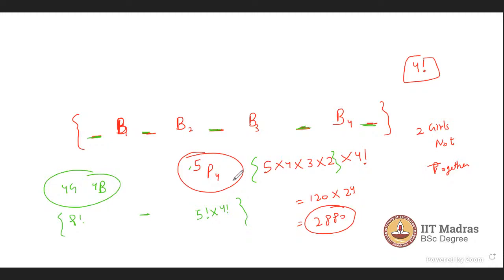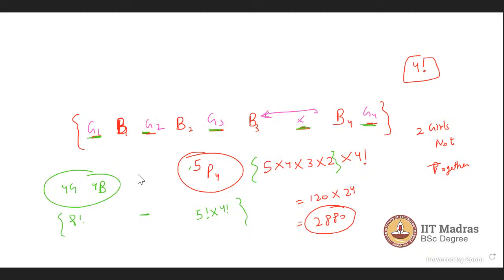Two boys between 2 girls and then the rest 2, is that also considered here? Suppose I place one girl here, then G3, and there will be no one, so B3 and B4 are together, and the 4th girl goes here. So this case is also included here. Only 4 places are filling out of 5.